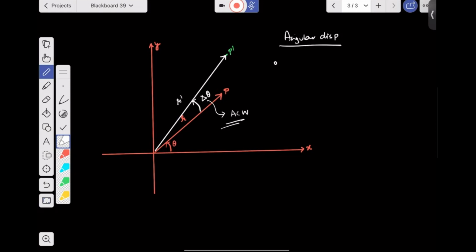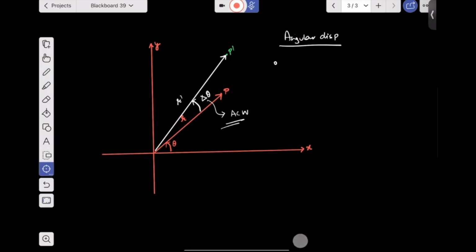But the problem with using anti-clockwise or clockwise is that it depends upon the position of the observer, no? Suppose the screen you are looking at is a transparent board on which this particle moves from P to P dash. From the side you are looking at it, it undergoes an angular displacement in the anti-clockwise sense.